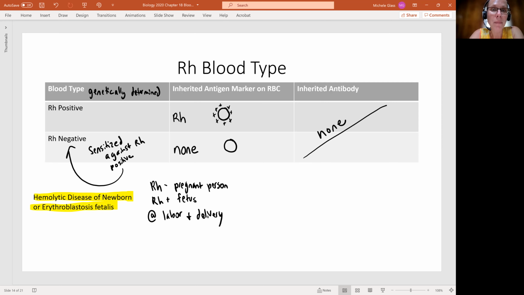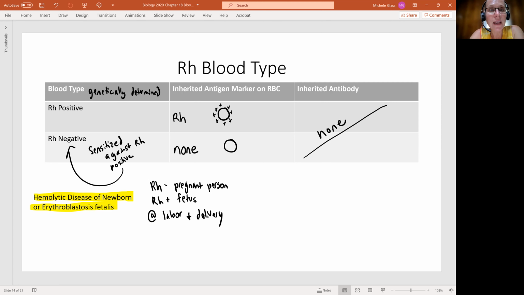And partly what happens is that placenta, we've mentioned already, is an organ that's half fetal tissue and half pregnant person tissue, right? So it's half the parent and half the fetus. And so when that placenta has to be birthed, you birth first the baby, and then you birth the placenta.